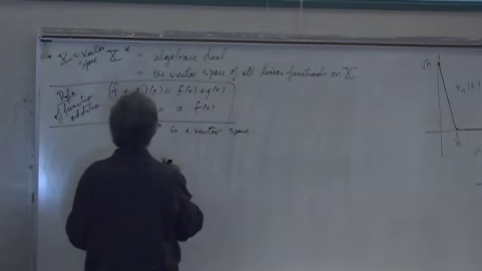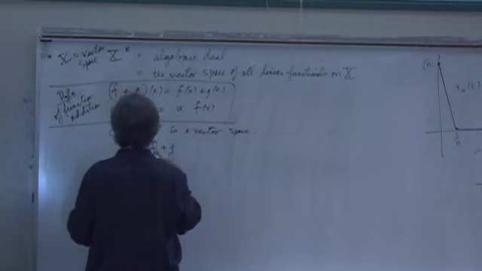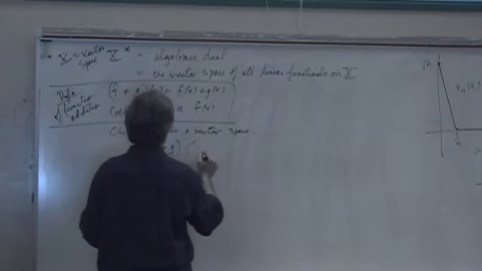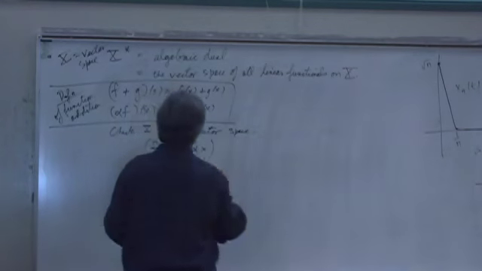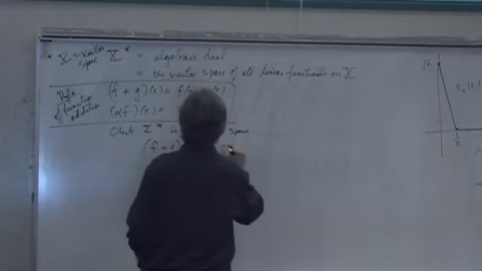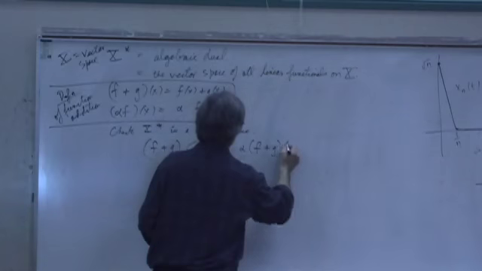You have to show that f plus g is linear. You have to check that f plus g at alpha x equals alpha times f plus g of x.